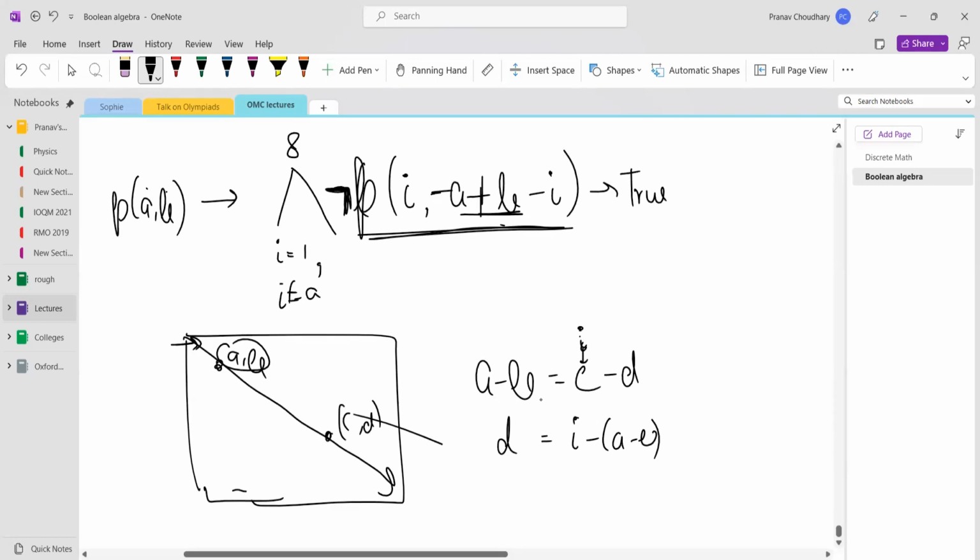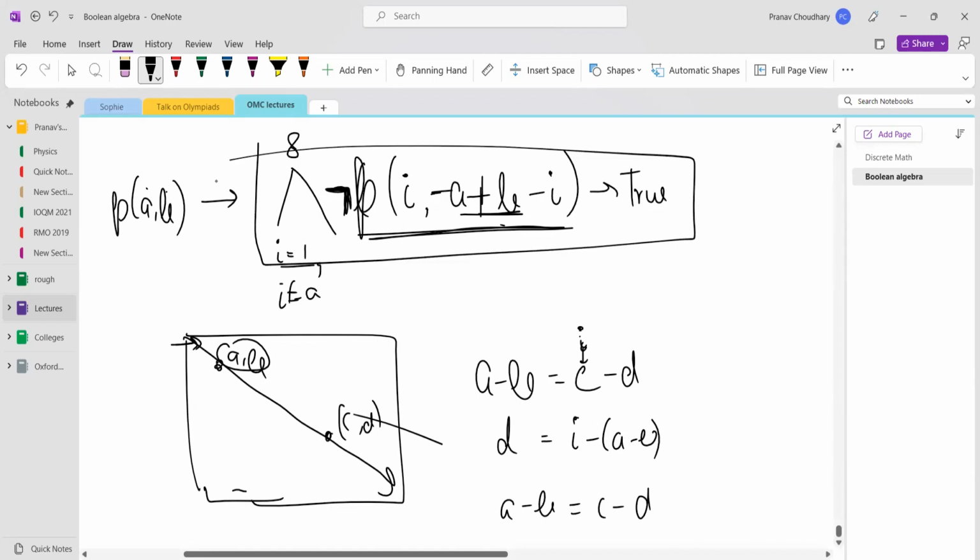Okay, just tell the j part again. So see, if a comma b and c comma d are on the same diagonal, then a minus b equals c minus d. What I'm doing is I'm iterating over all the rows, and I have to check all the elements lying on the diagonal on that row. So I iterate over this row and see only that element which lies on the same diagonal. I go to the second row, but I only care about this square.